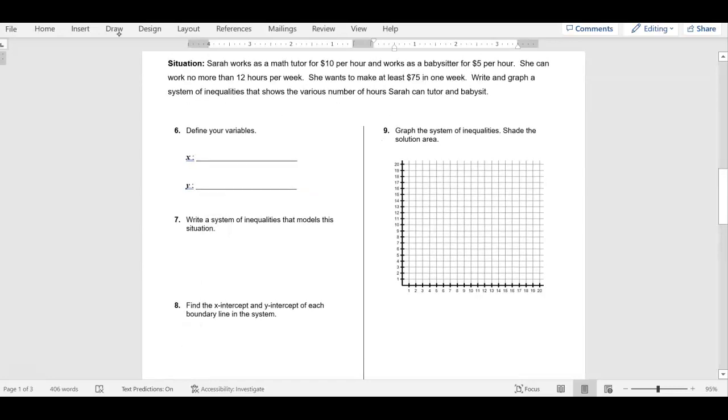It says, Sarah works as a math tutor. Go ahead and put X means math tutor hours, actually, because she's tutoring for money based on the hours. Math tutor hours. And then the second thing she does for money is babysitter hours.